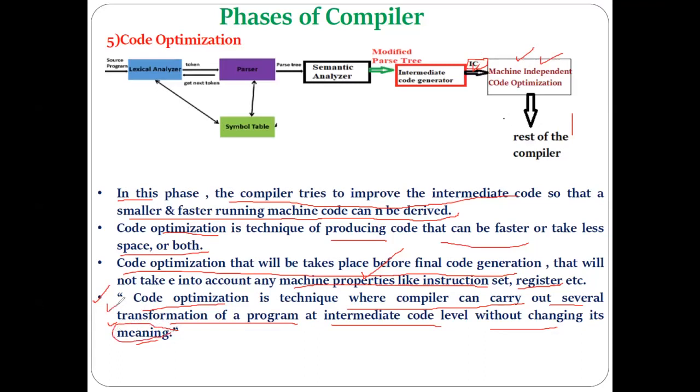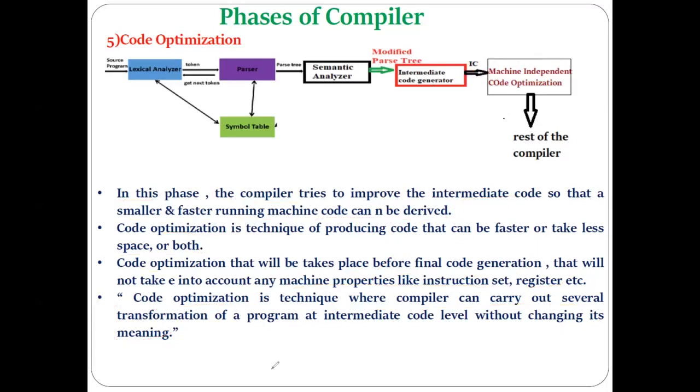That is called code optimization. Okay, you can also describe it in a different way: it is a technique where the compiler rearranges the code without affecting the final meaning or the final output of the program.